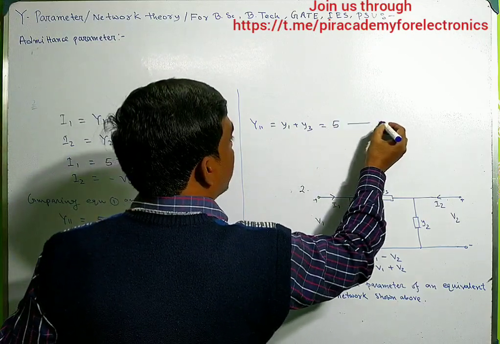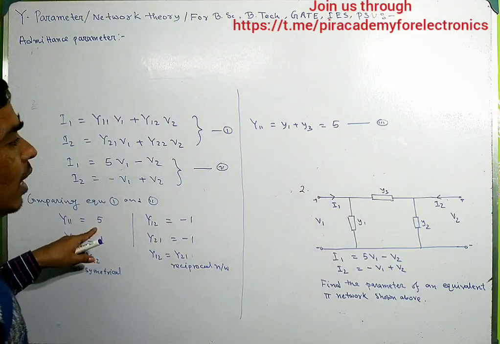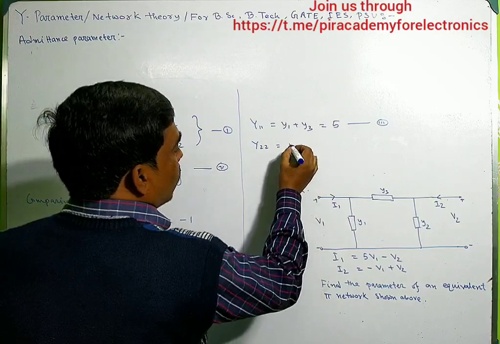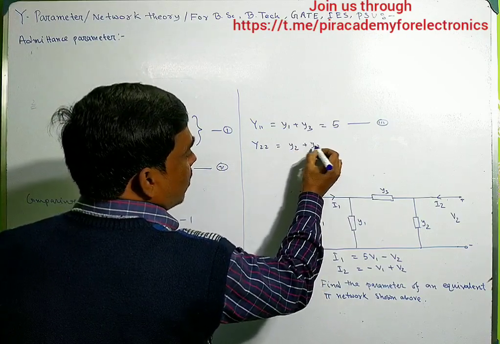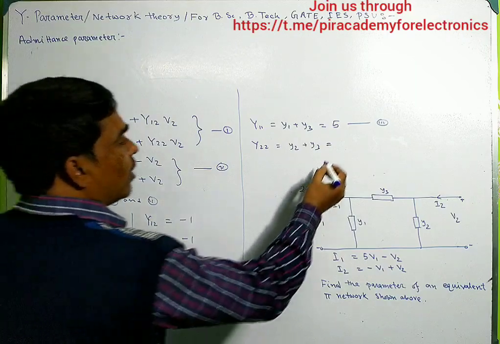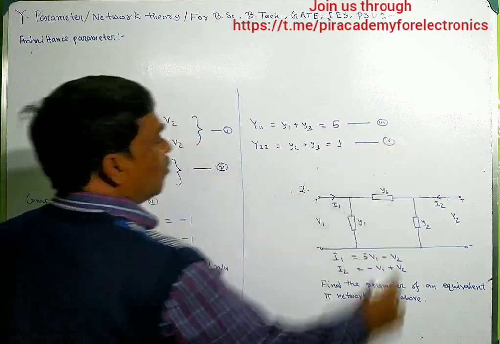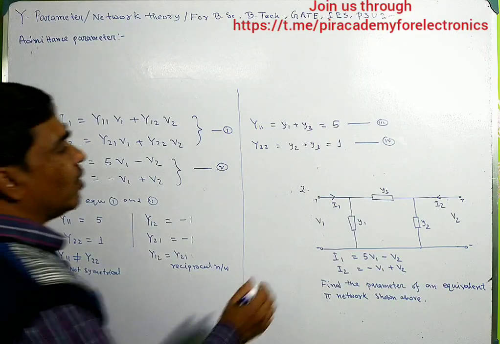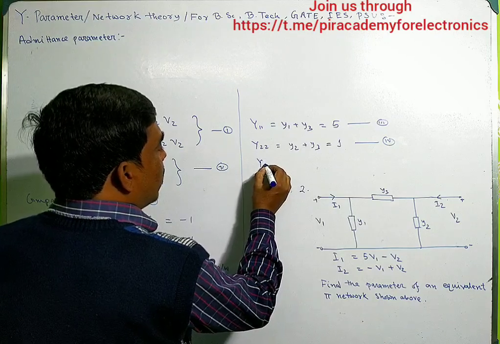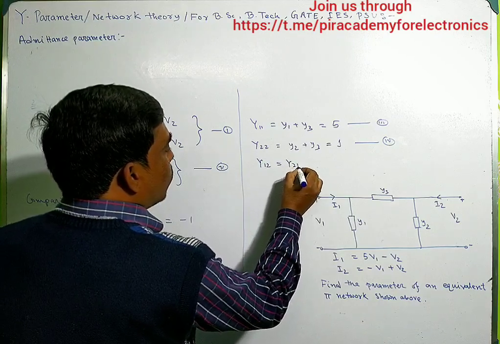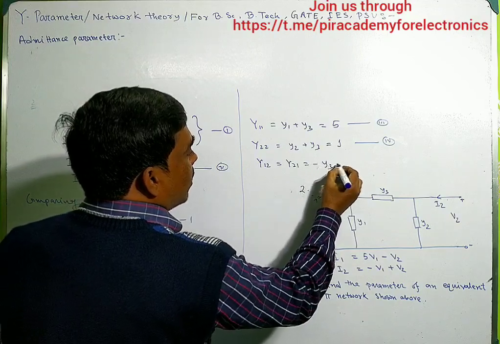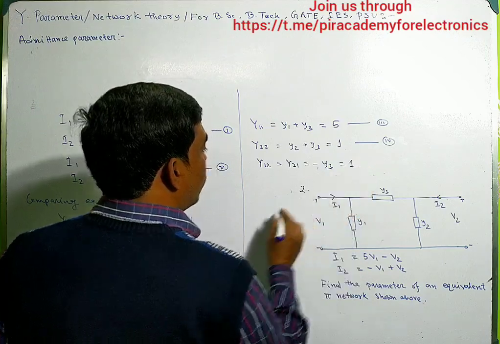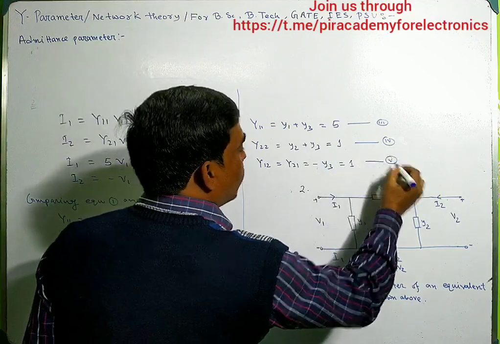This is equation number 3, suppose. y22 is given by y2 plus y3, which is 1. This is equation number 4. And y12 is equal to y21 equal to minus y3, that means this is minus 1, equation 5.